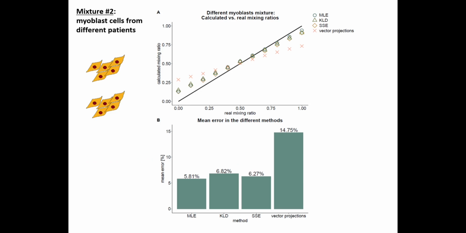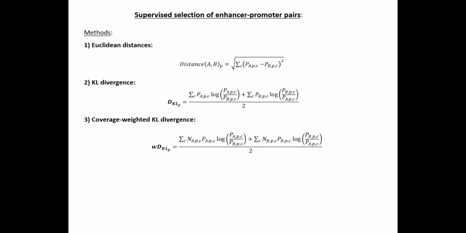In order to improve these results, we reasoned that not all pairs contribute equally to the discrimination between sample types, and relying only on a subset of most differentiating pairs while filtering out the rest has potential to improve the deconvolution accuracy and reduce noise. For this end, we wanted to select the most contributing pairs in a supervised manner.